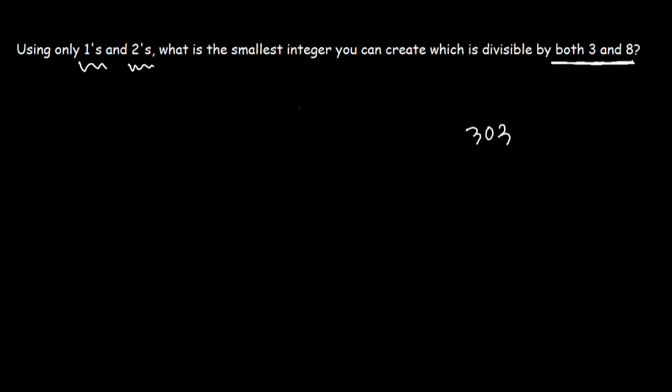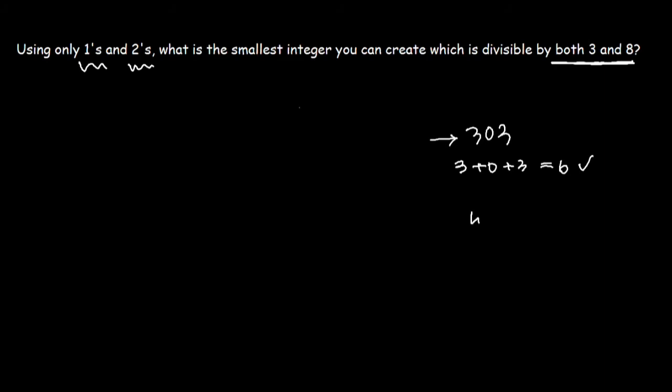I know this is a really easy number, but let's work with it anyways. Why is this divisible by 3? Because when you add up all the digits, which are 3 plus 0 plus 3, this is going to be 6, which is divisible by 3. So therefore, we know that 303 is divisible by 3.